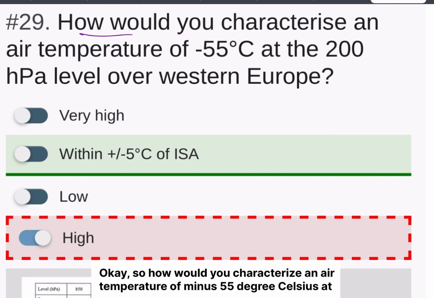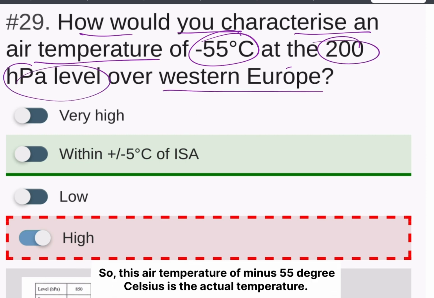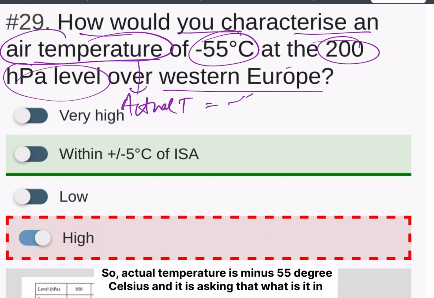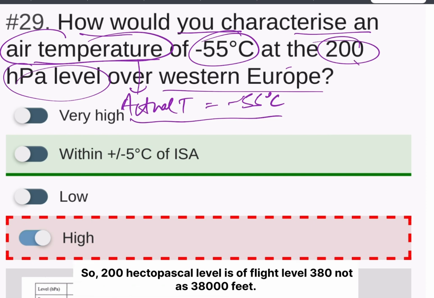How would you characterize an air temperature of minus 55 degrees Celsius at the 200 hectopascal level over Western Europe? This air temperature of minus 55 degrees Celsius is the actual temperature, and it's asking what it is with respect to your ISA temperature. The 200 hectopascal level is flight level 380, that is 38,000 feet.